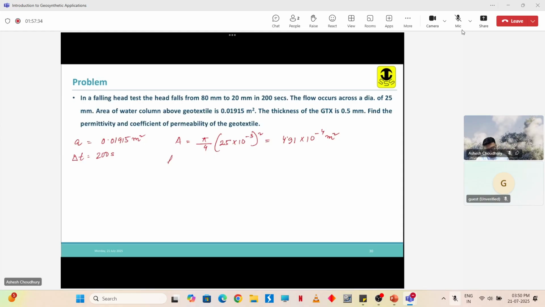The initial head is 80 mm, the final head is 20 mm.